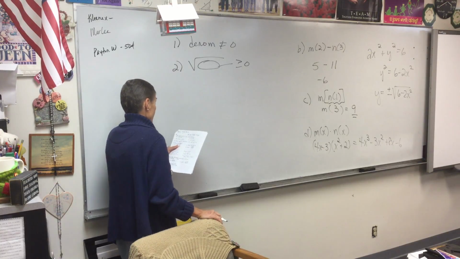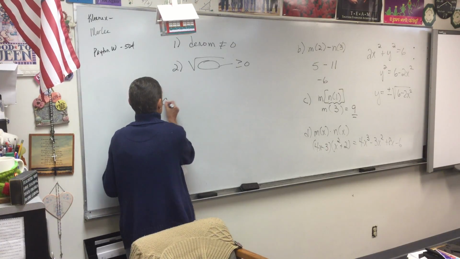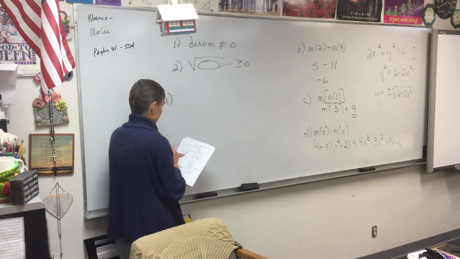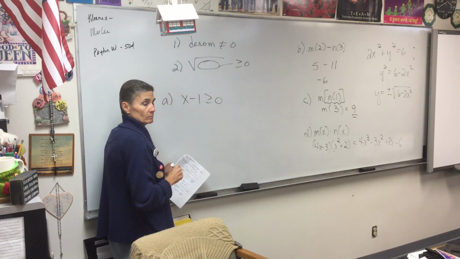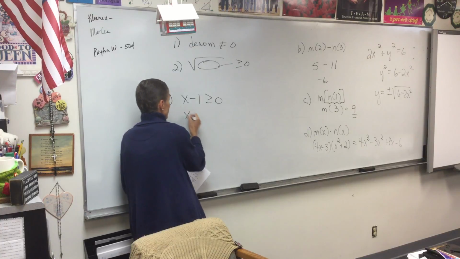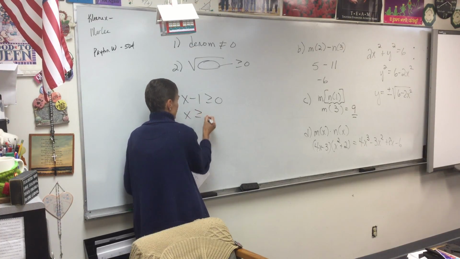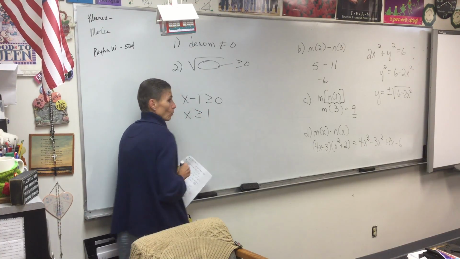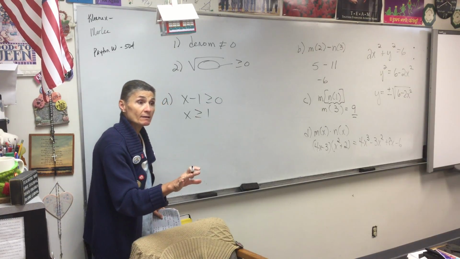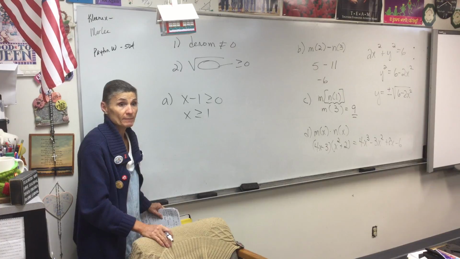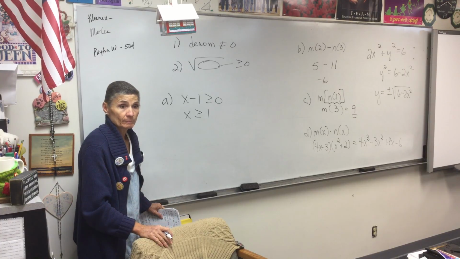All right, so A, I have a radical in A. So my rule says whatever is under it must be bigger than or equal to 0. Which means what's my domain? X is greater than or equal to 1. Now if you want to do that in interval notation, you can, but I'm not going to force you to. It's not going to be an expectation.